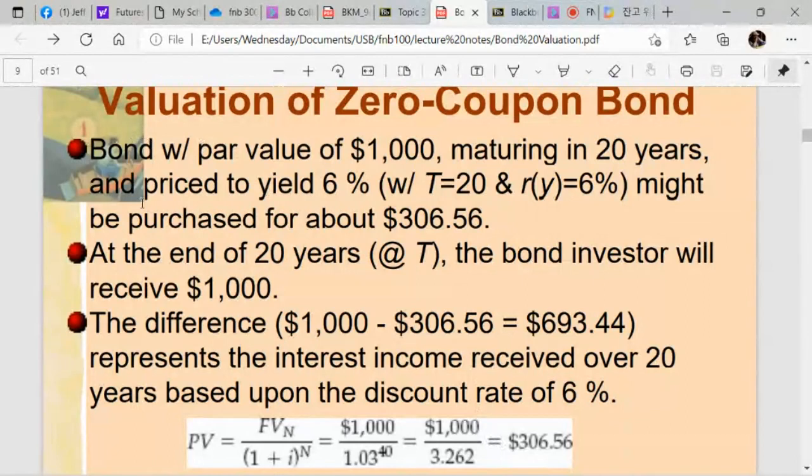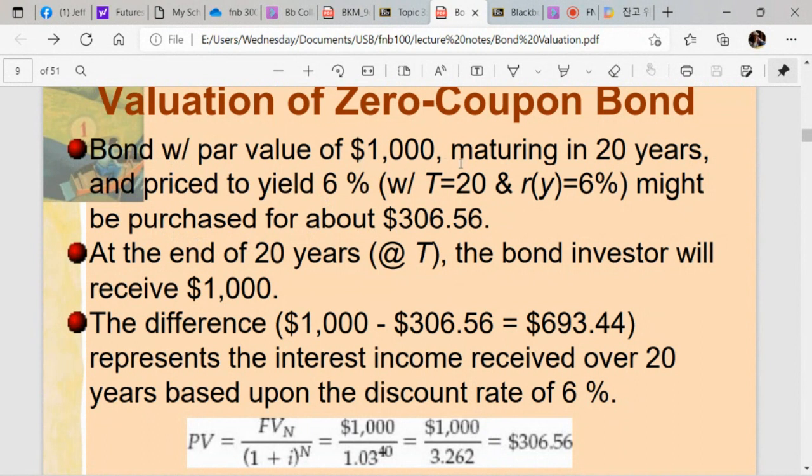Now, a zero coupon bond is a bond that doesn't pay any interest. So all we need to do is discount the par value by the discount rate. Okay, and the discount rate is the prevailing rate in the market.